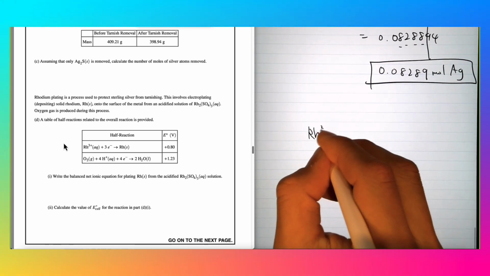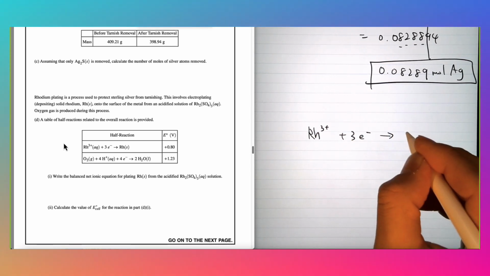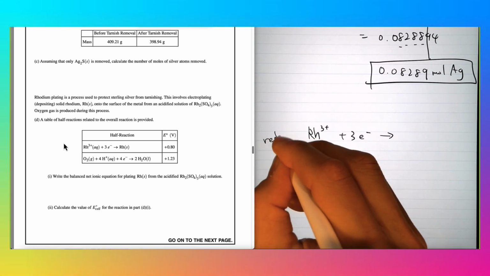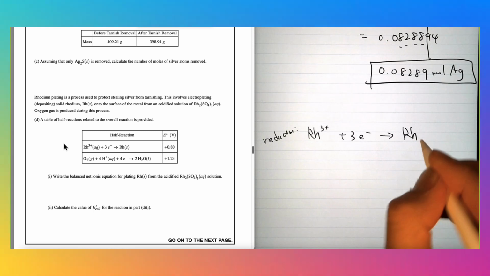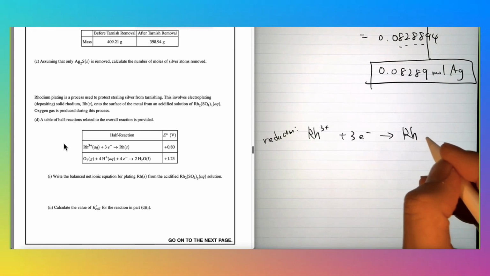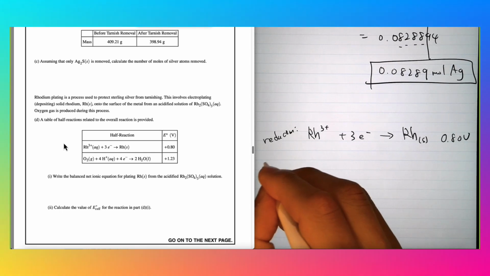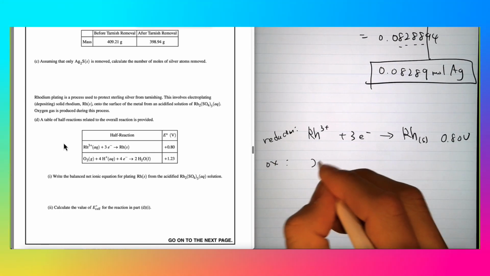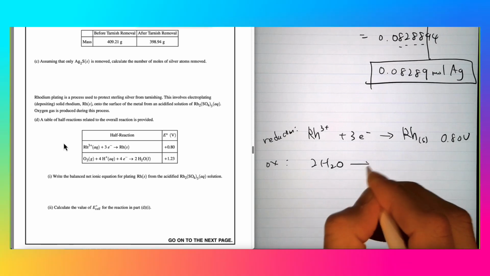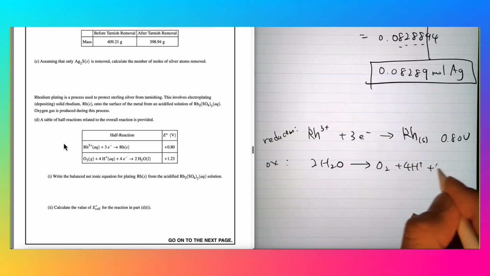So Rh3+ plus 3 electrons being gained. So this will be reduction. And that also means it's an oxidizing agent because it causes the other to become oxidized. And our oxidation, we flip it: 2 water, creating oxygen and 4 hydrogen ions with 4 electrons.